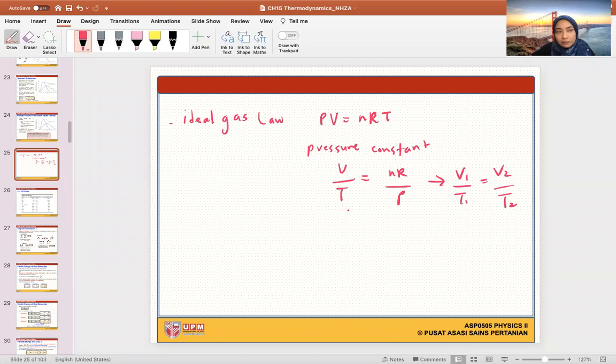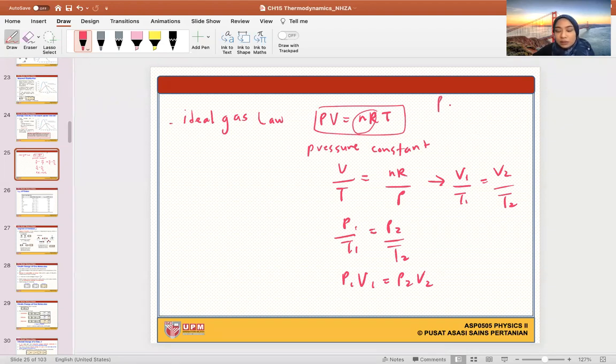If V is constant, you will have P1 over T1 equals P2 over T2. And if T is constant, then you will have P1 V1 equals P2 V2, and so on. And if nothing is constant, then just use this equation, because nR will be constant.